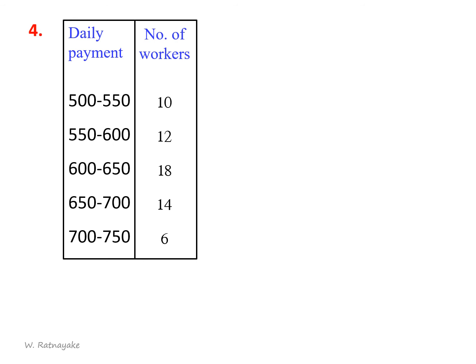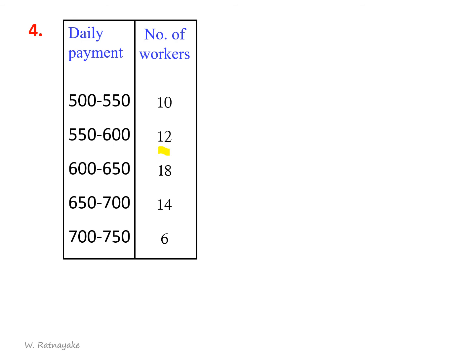So we have to interpret it as 10 workers who get a daily payment within the range of 500 and 550. This 12 means there are 12 workers who get a daily payment within the range of 550 and 600. It is very important to keep in mind that these frequencies are connected not only with one number of the class interval but with the entire range of the class interval.